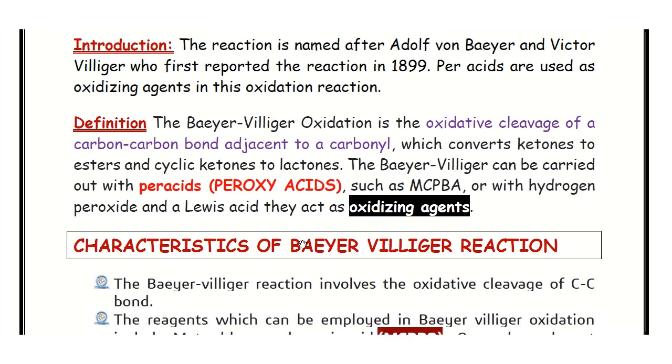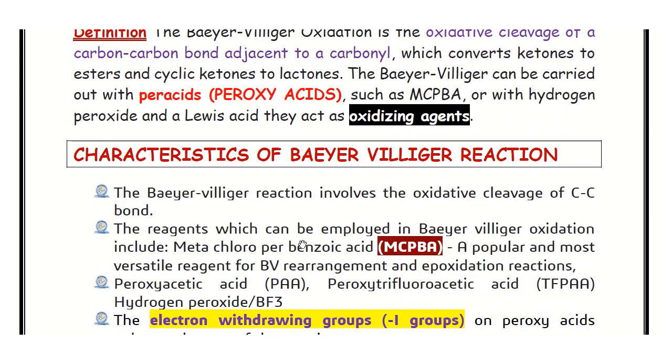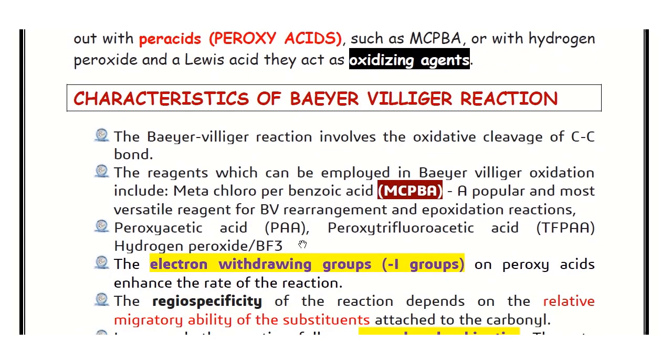Now let's check out the different characteristics of the Baeyer-Villiger oxidation reaction. Mainly this reaction involves the oxidative cleavage of the carbon-carbon bond. That means in all types of Baeyer-Villiger oxidation, with any type of ketone, the cleavage or breaking of the carbon-carbon bond near the carbonyl functional group will occur.